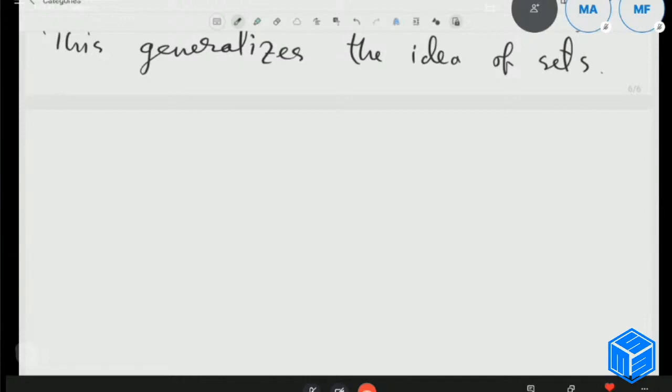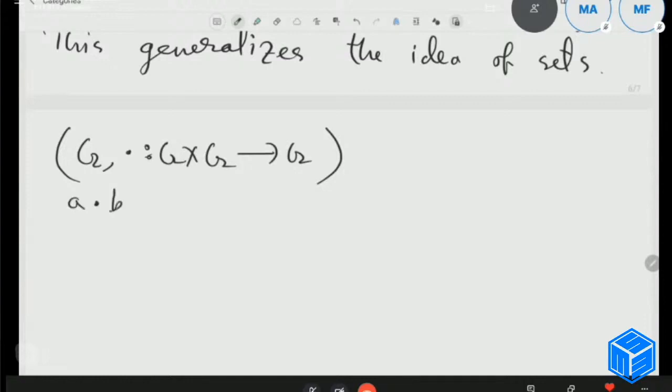Okay, if you've seen group theory, a group is just a set G with an operation, this is how they usually define it. The operation is from G cross G to G, and what it does is it takes A times B and sends it to another element in G. Now this is also associative, right?